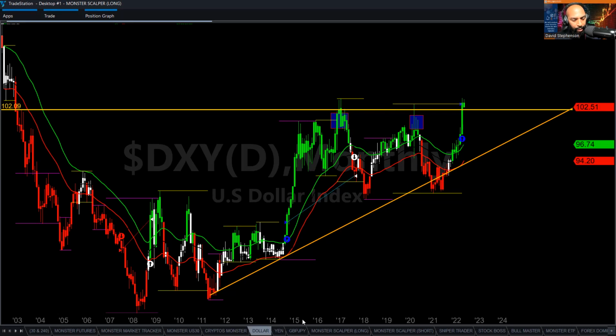We'll take a look at that with the systems. The dollar is still holding right at 102, so it's not a big concern yet, but we do need the dollar to hold above resistance.